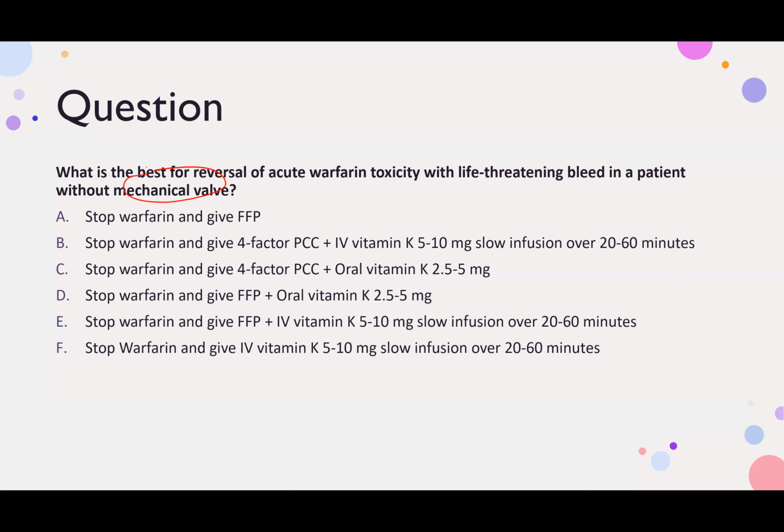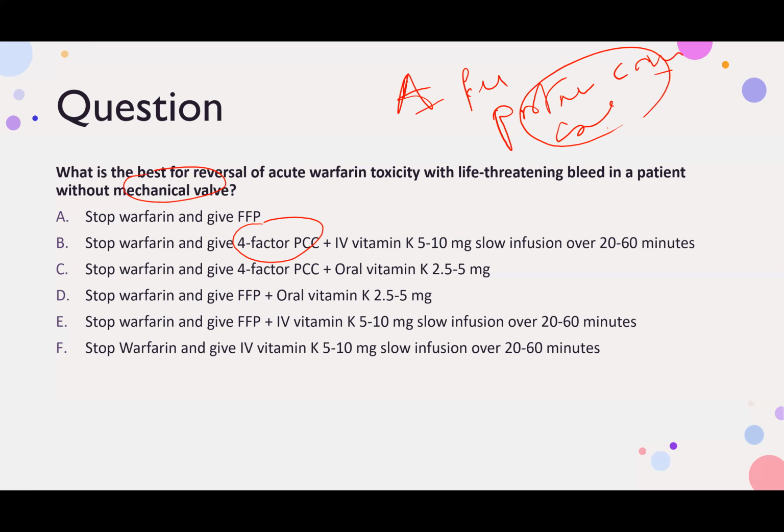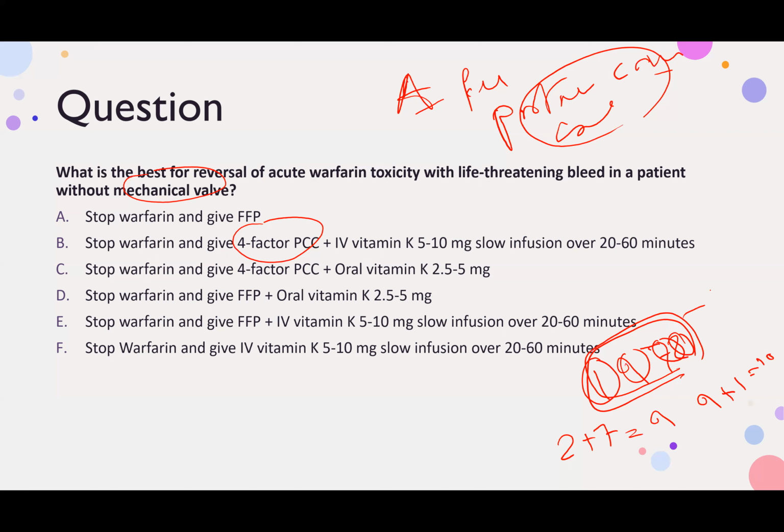Okay. لماذا؟ لأنه الفريش frozen plasma يحتوي على كل clotting factors، إنما الفور factor prothrombin complex concentrate يحتوي على الفاكتورز اللي الورفارين بيعمل لها انهبيشن. الورفارين بيعمل انهبيشن لايش؟ ل 1972 صح؟ اللي هم ايش؟ 10 2 7 9. طيب في ناس تحفظها كيف؟ تقول 2 زائد 7 يديك 9، 9 زائد 1 يديك 10. طيب الهوية هذه نفس 1972، هي نفسها هذه 2 زائد 7 يديك 9، وبالتالي فاكتور 2 فاكتور 7 فاكتور 9، 9 plus 1 يديك 10، وبالتالي factor 10 as well.